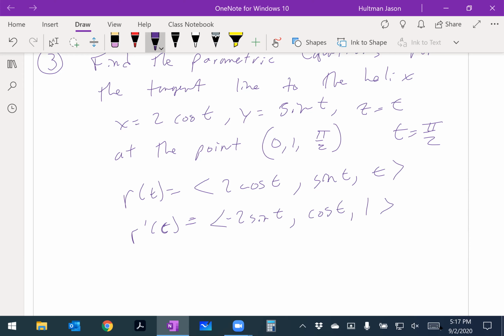So the derivative, it's kind of interesting, has nothing to do with z. Oh, that's kind of cool. Remember, think of the derivative as the velocity here, right? What type of curve is this that we're dealing with? Anybody know?